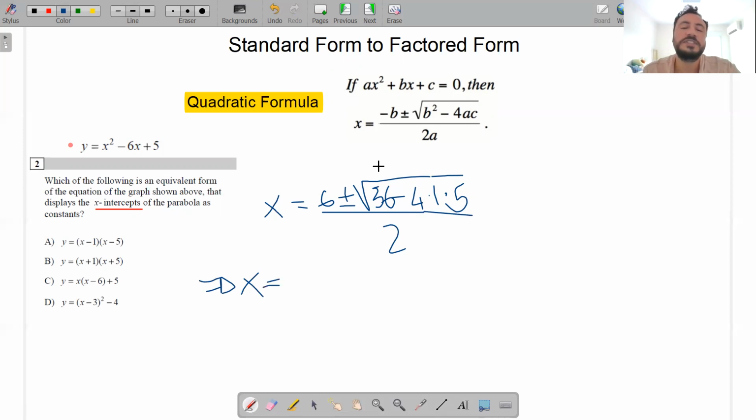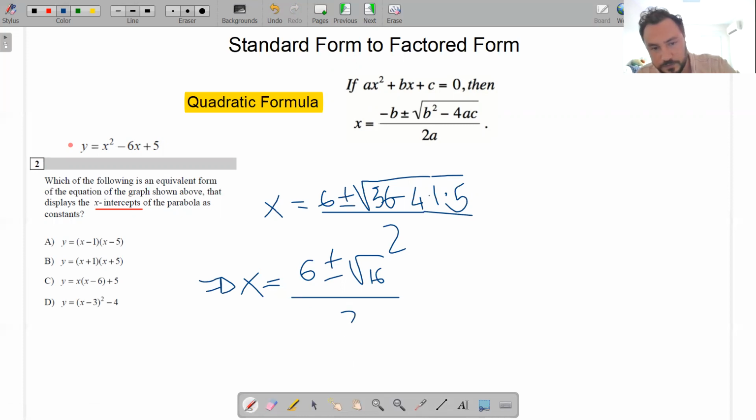Let's focus right now on what's inside the square root. 4 multiplied by 5 is 20. So what we have inside the square root is 36 minus 20, meaning 16. So 6 plus or minus the square root of 16 over 2.